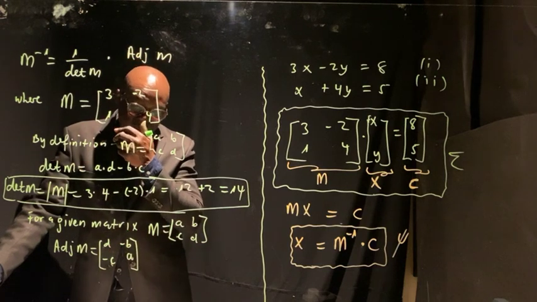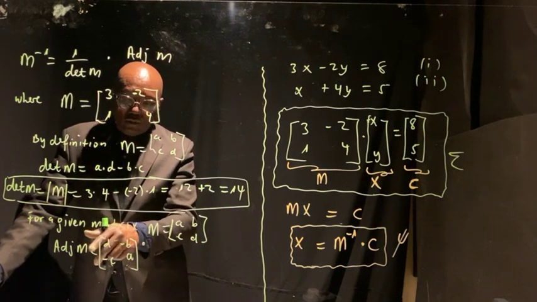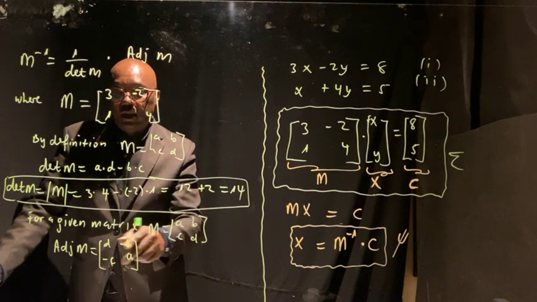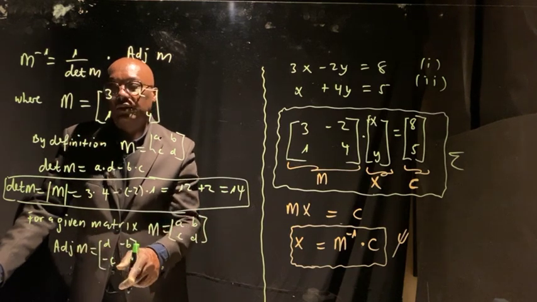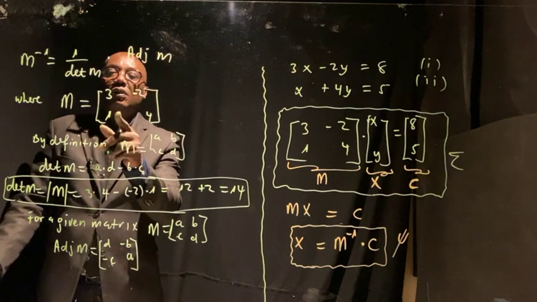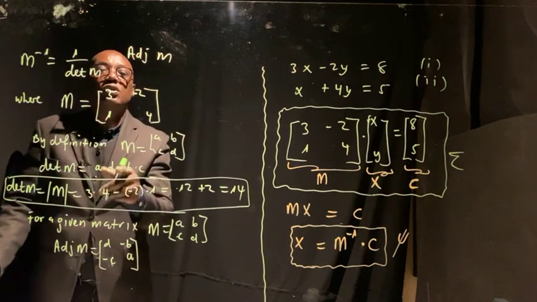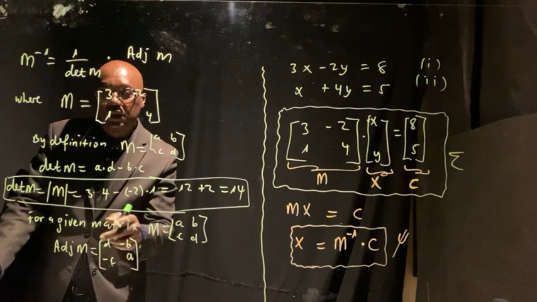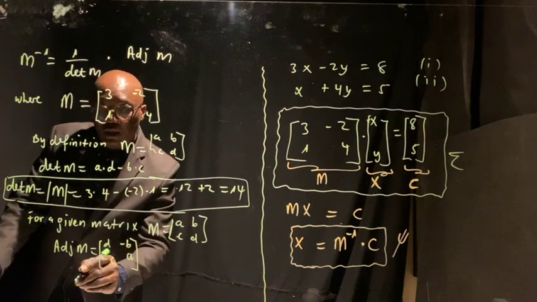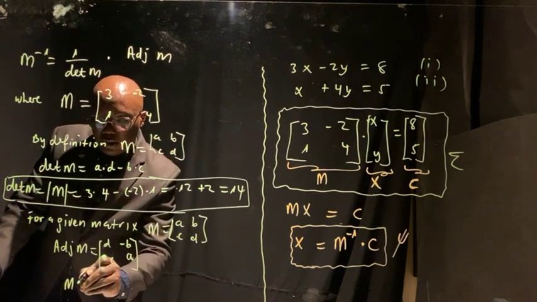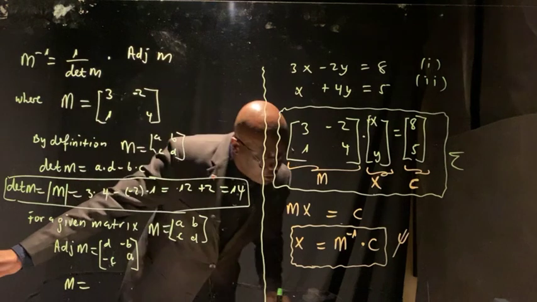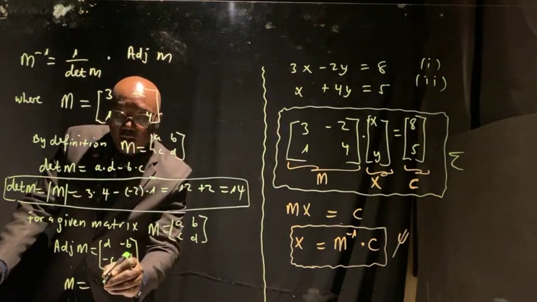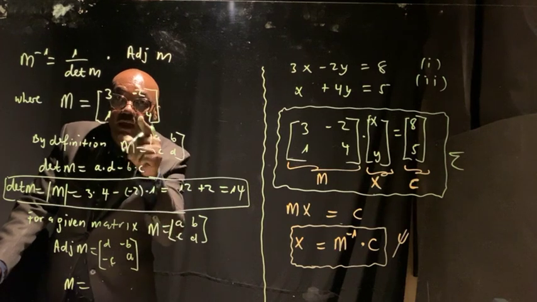So now we can see that the adjoint of a matrix, when it is given in this form, this will be the adjoint of the matrix. Now, if you want to find the adjoint of the matrix M over there, the 3 and 4 will swap.